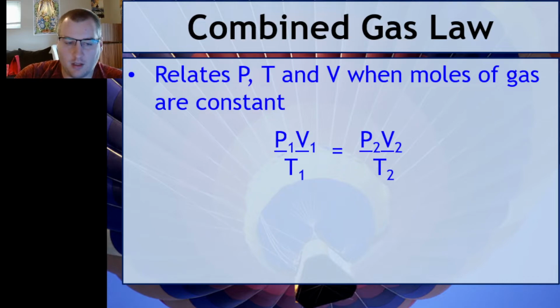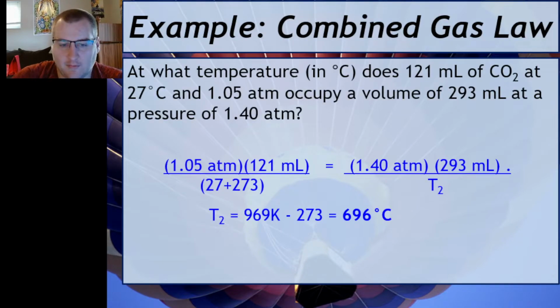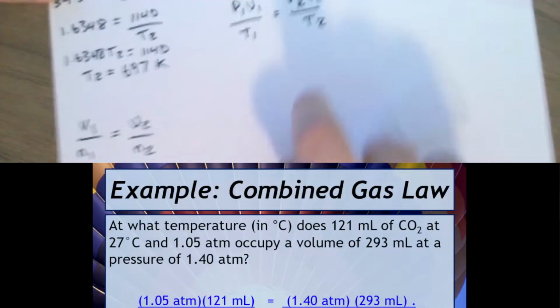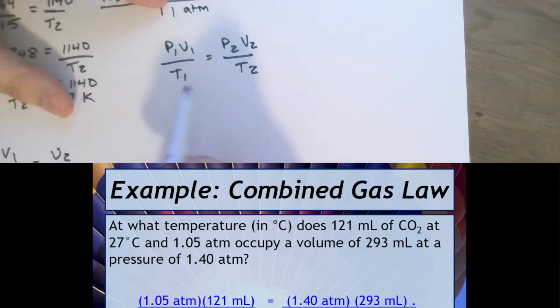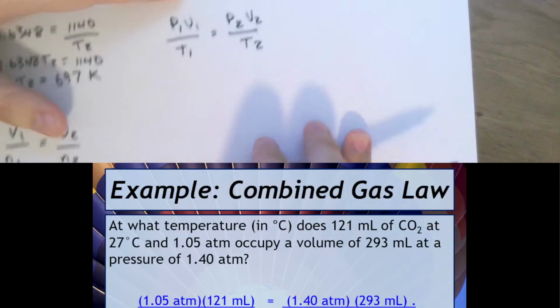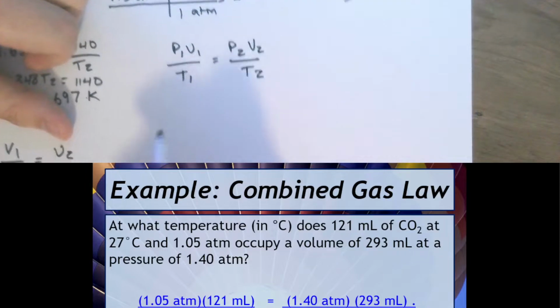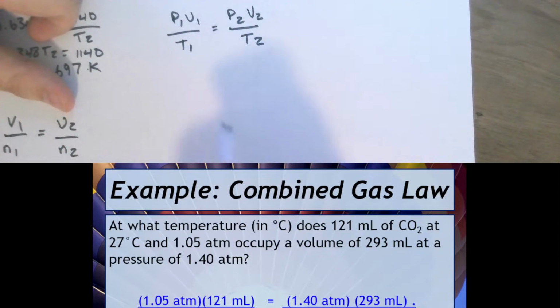Okay. Let's do this example. So I have my formula here, my combined gas law, pressure 1, volume 1 over temperature 1 equals. I'm just going to plug in what I know. It says at what temperature in Celsius, that's a bit annoying because we're going to have to do Kelvin inside our problem, so we'll have to turn it into Celsius at the end, but that's okay.